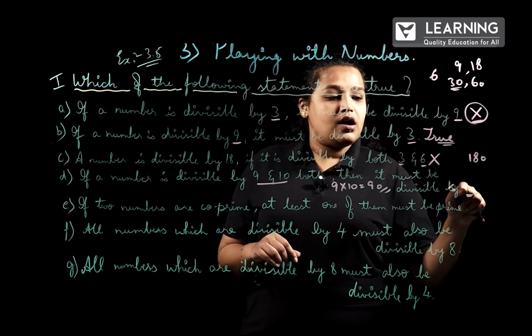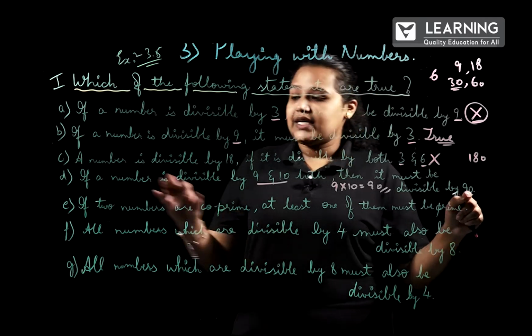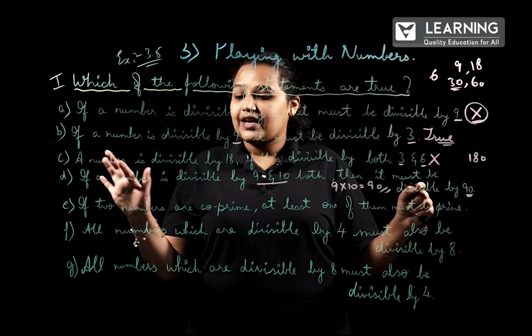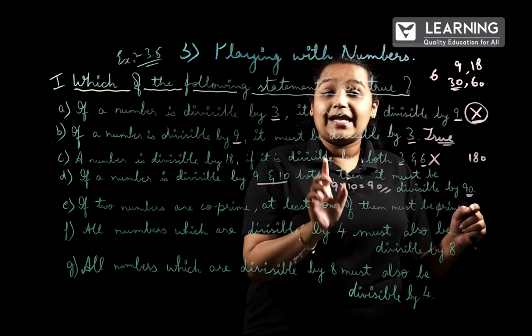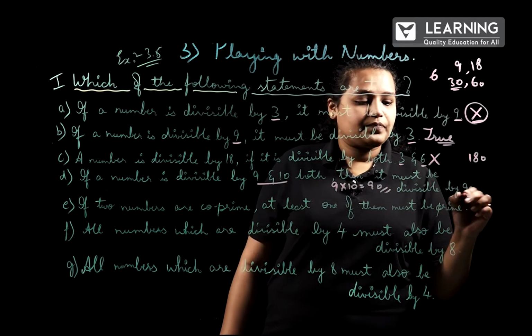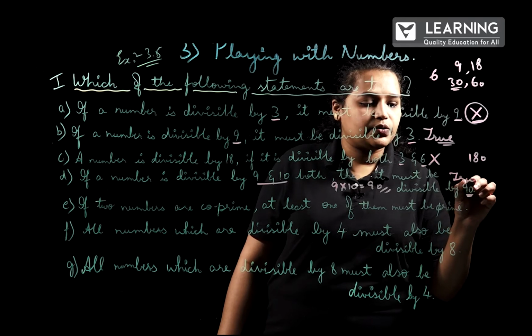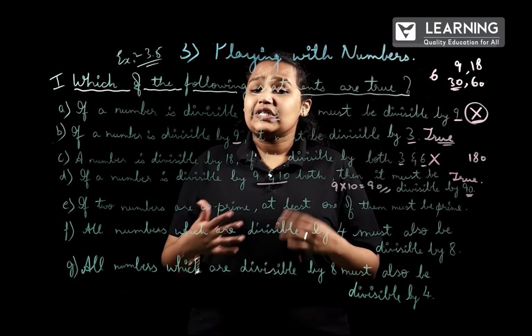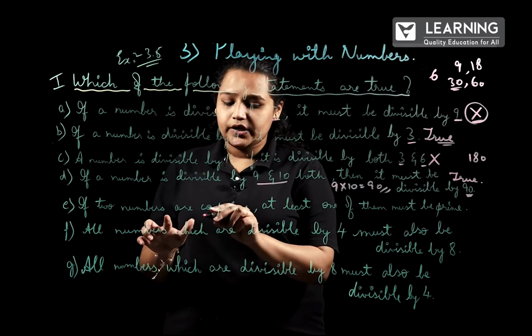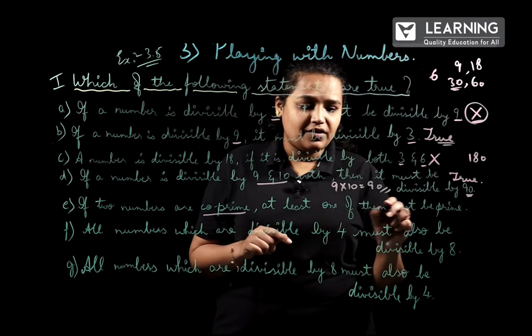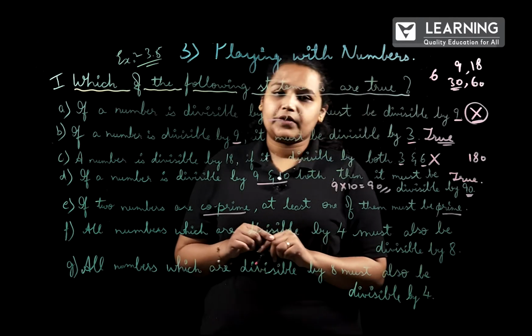So, 180 is divisible by 90, and the statement, if a number is divisible by 9 and 10 both, then it must be divisible by 90, is true. So, the next statement here is, if two numbers are co-prime, at least one of them must be prime.